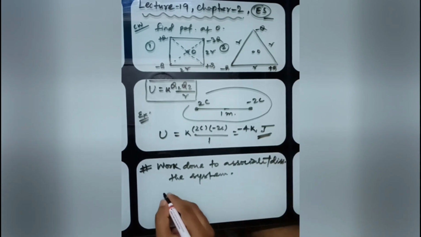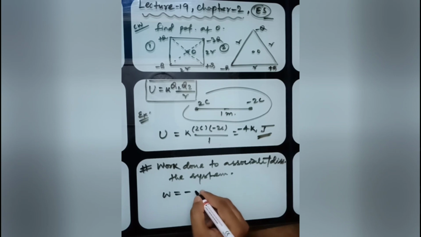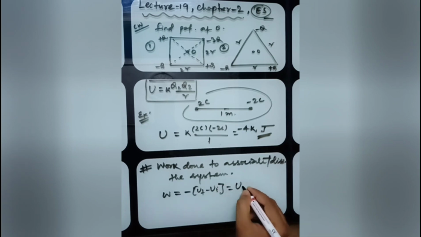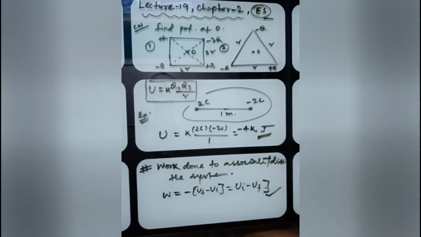As we know that the work done is nothing but minus delta U, and this minus delta U means U final minus U initial, we have written already, which is U initial minus U final. You have to remember this formula.